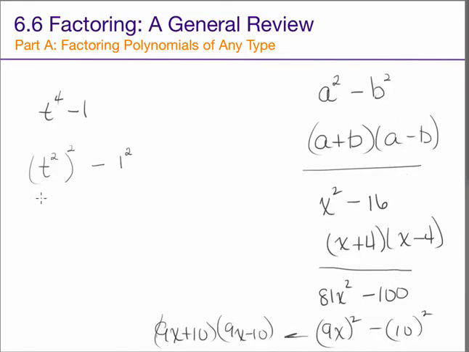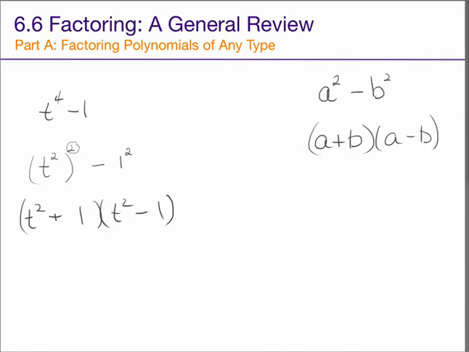So here, my a, the first thing squared, is t squared. So I'm going to get t squared plus and t squared minus. My a is t squared. My b is just 1.